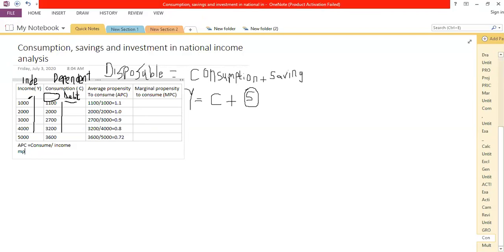The MPC is given by the change in consumption as a result of what we call the change happening in the level of the income. Change in consumption over the change in the income level.